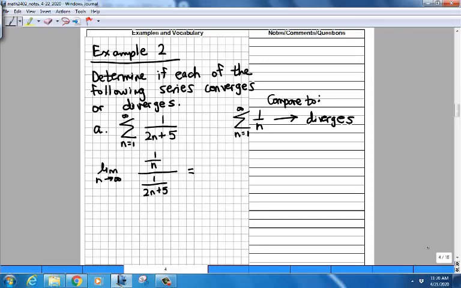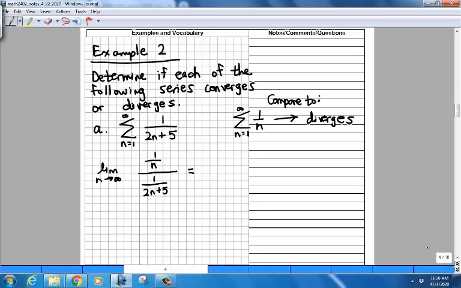Something that's really helpful in picking out a series to compare is to ignore the constants in the formula for each term.